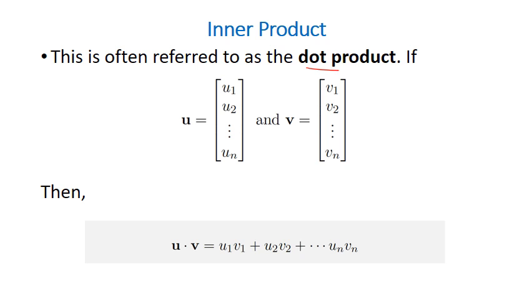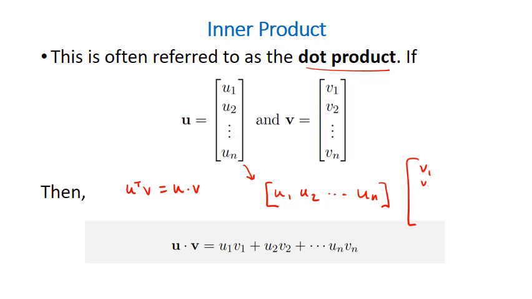Since this is referred to as the dot product, recall that u transpose v is the same as u dot v. If I transpose u, then I will have u1, u2, un, and v is v1, v2, vn.